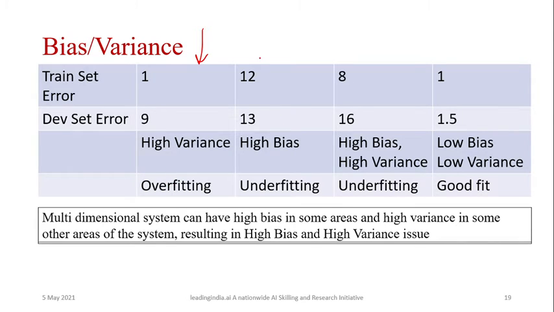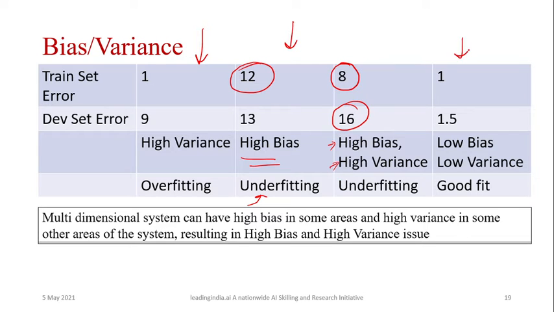Now let's look into the second case. Here, training error itself is very high. This is showing a high bias problem, meaning your model is not trained well. Now in another case, let's say your bias is high, and if you compare with the variance, or you can say dev set error, it is much higher. So this is a high bias, high variance problem.